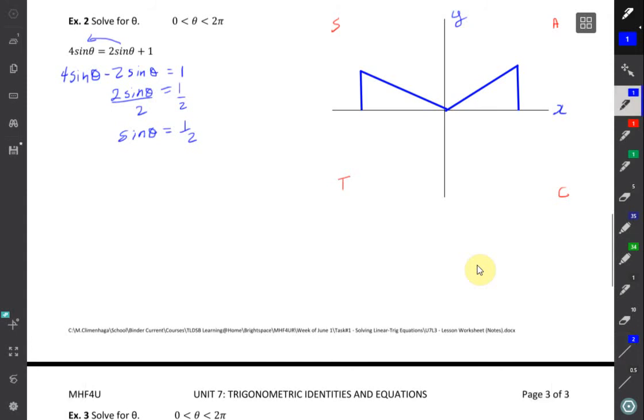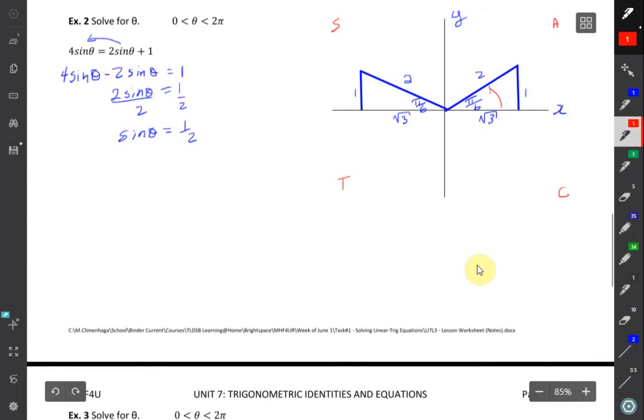Now, when I look at this, it looks familiar. I'm just going to label these sides. So we have 1, and the hypotenuse is 2, and that sounds like our 1, 2, root 3. So I know that this is the root of 3, and this angle is pi by 6, and so is this related acute angle. Because I see this is one of our special triangles, I'm going to do these in exact values.